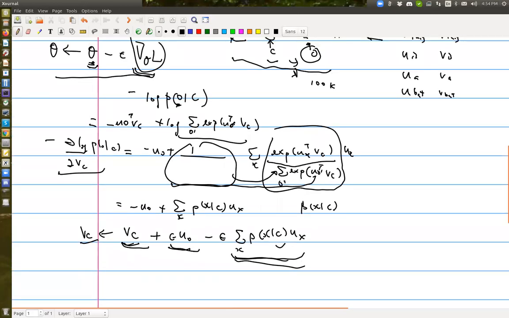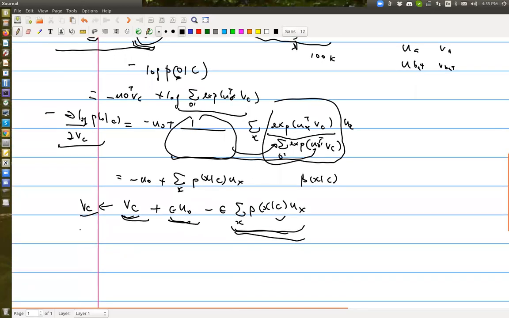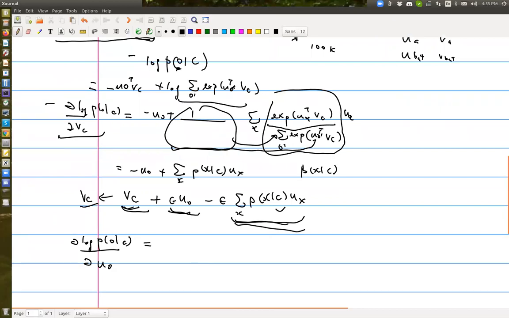I can repeat that, but I'm not going to. I can take the partial derivative of log P(O given C) with respect to U_O also, and you will find that this is equal to minus V_C times (1 minus P(O given C)).